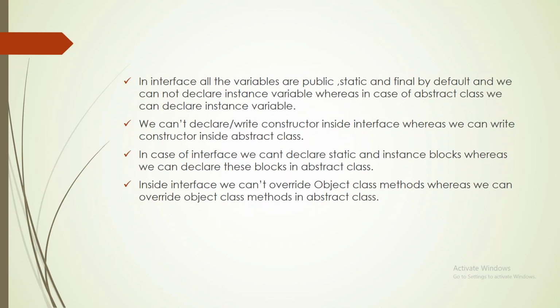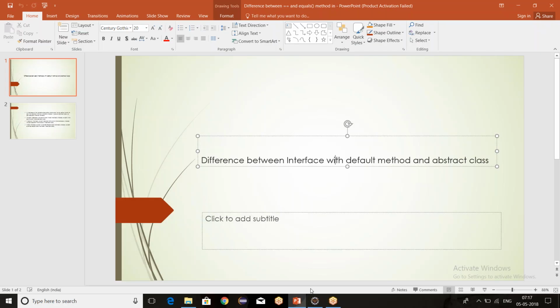Inside interface we can't override Object class methods, whereas we can override Object class methods in abstract class. So these are the four differences, and there can be many others. Let's move to Eclipse and do the coding.